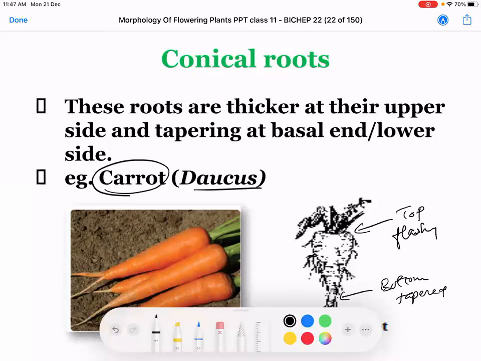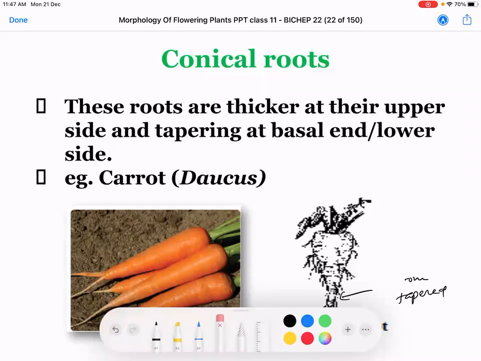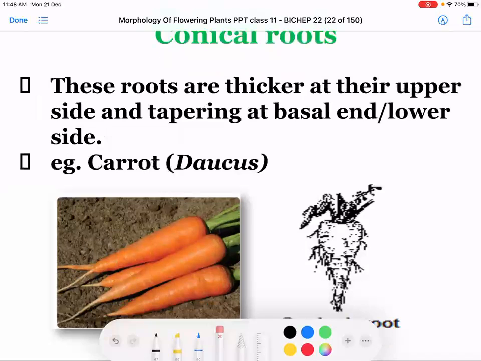So it makes the cone, right? And that is why it is known as conical roots. So this is the second example of the food storing mechanism or adaptation in the taproot system. So the primary root, from the top it is getting fleshy and into the bottom it is tapered. So it makes the cone. So please take the screenshot.